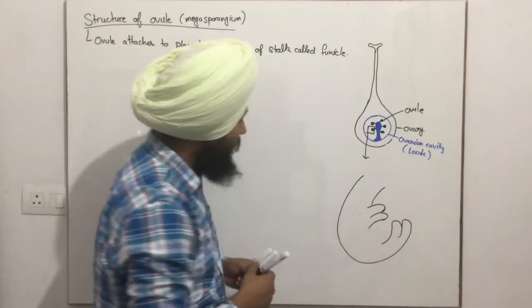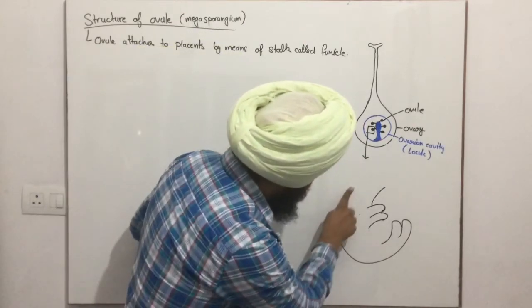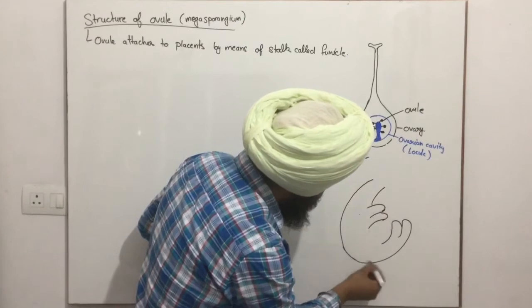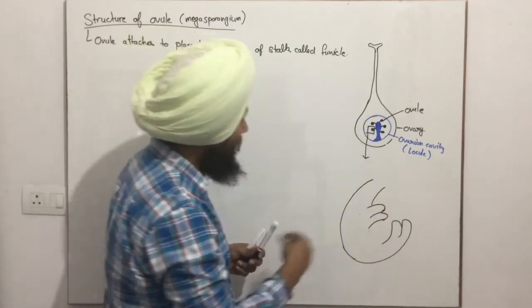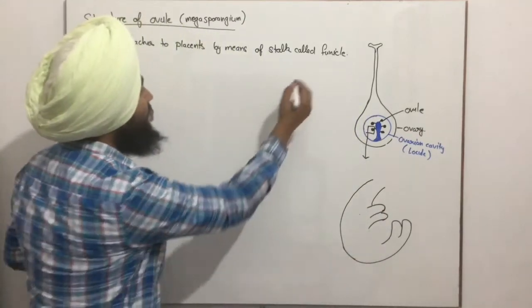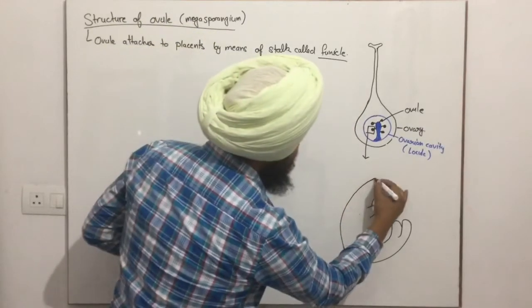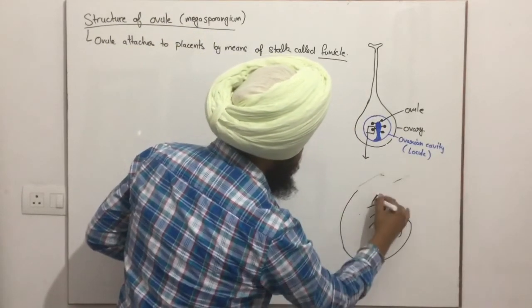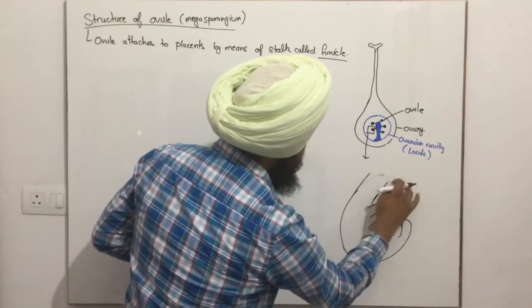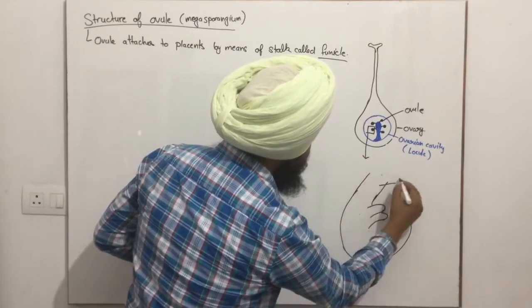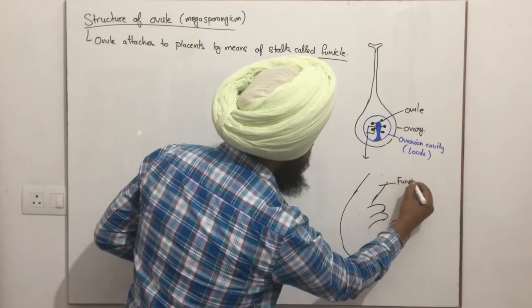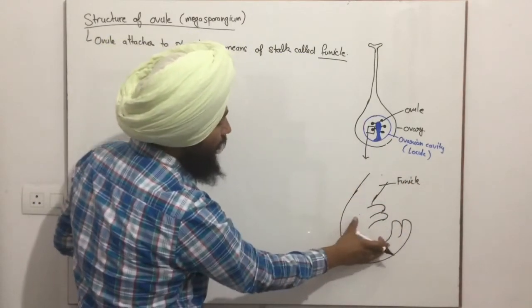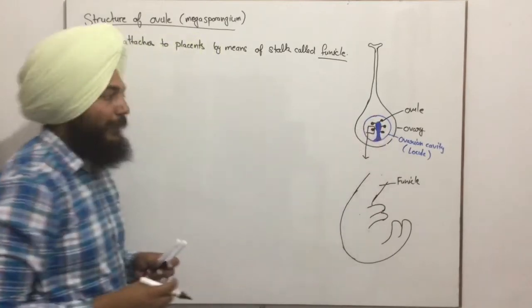This is the structure of the ovule, and this is the funicle, through which the whole ovule is attached to the placenta.